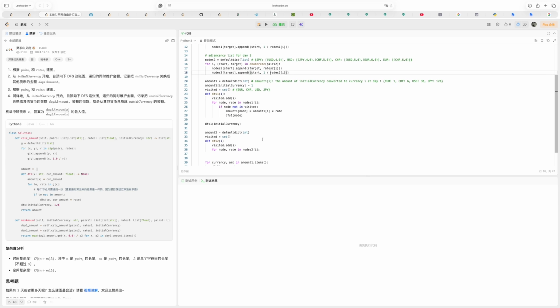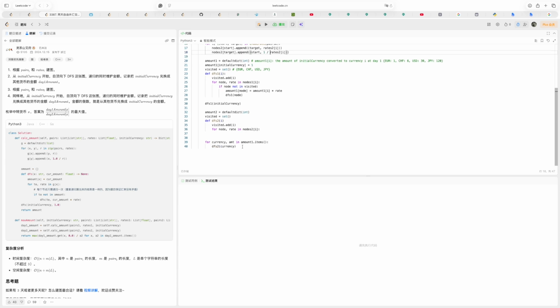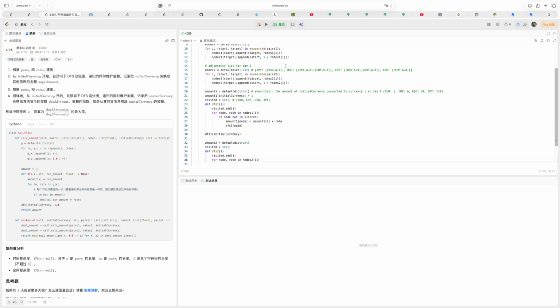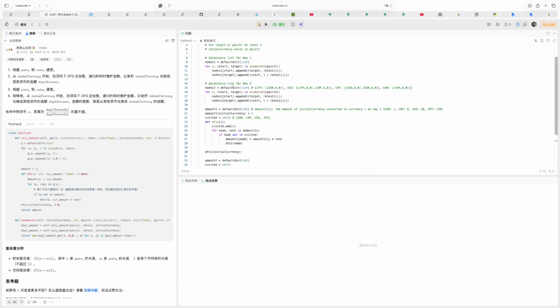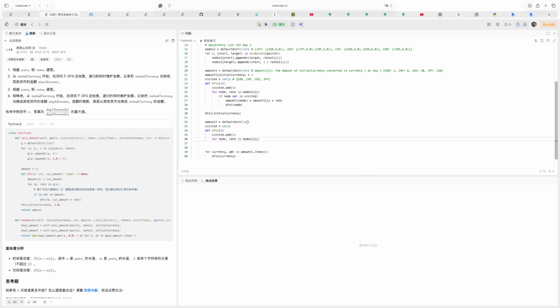And for DFS2 it was still added to the visited set, and for the graph, for the adjacency list for day 2, we have to find the path to the initial currency.